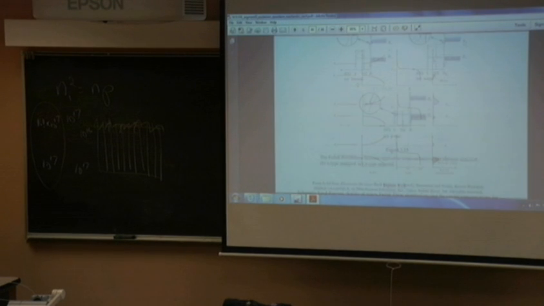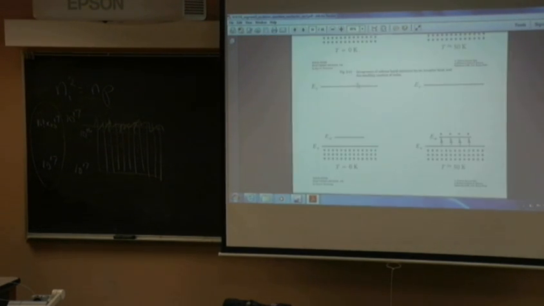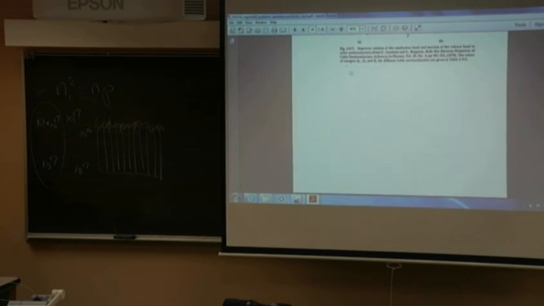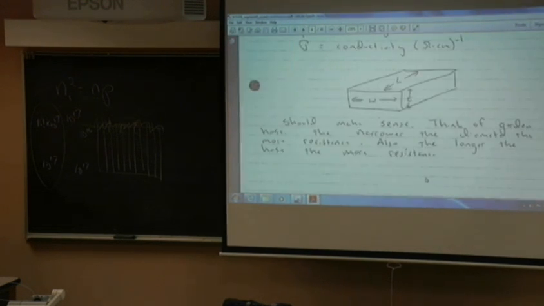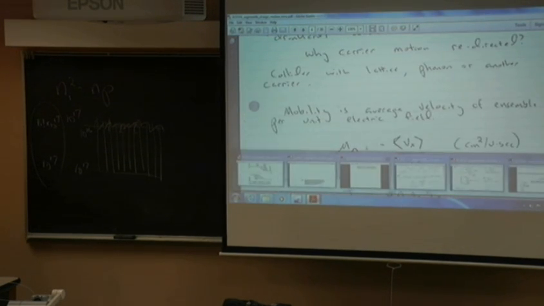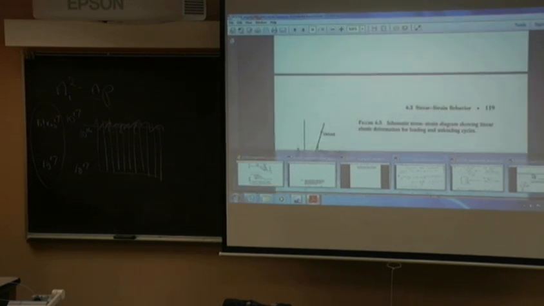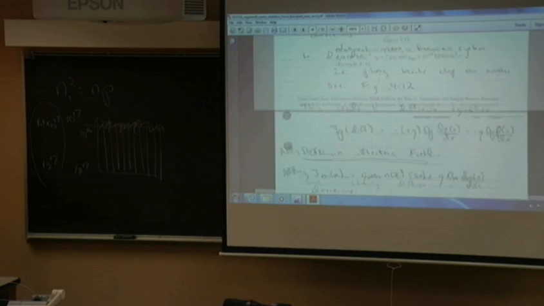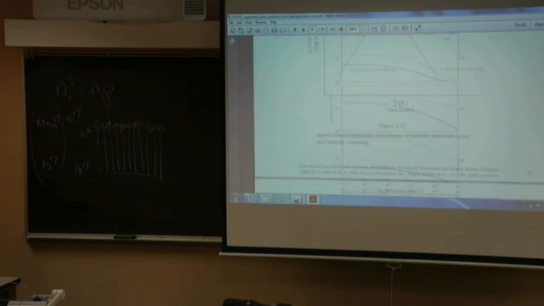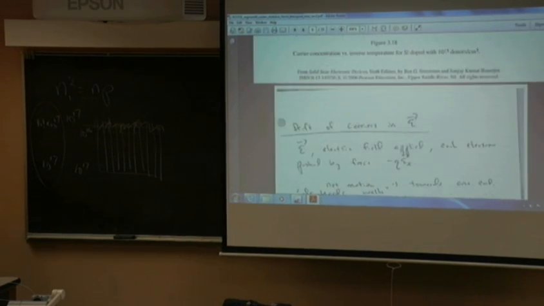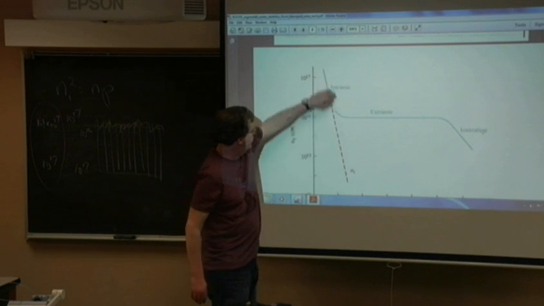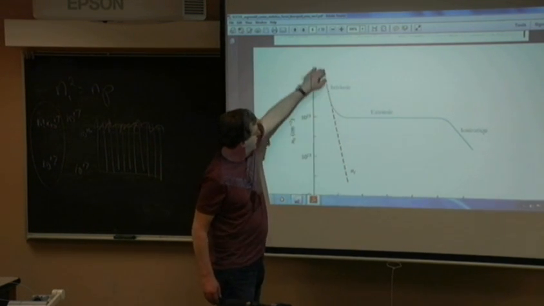Let me try. That's just an asymptote showing you the intrinsic. So the intrinsic carrier concentration is just, yeah.